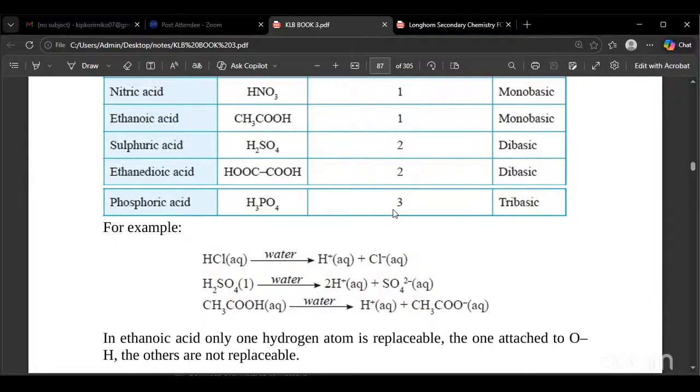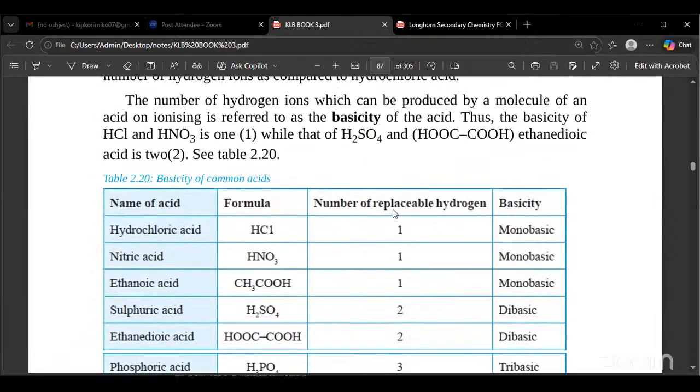A reaction between ethanol and ethanoic acid normally leads to what we call an ester, so we don't have to touch on that today. I just wanted you to know the meaning of basicity of an acid. Basicity is the number of replaceable hydrogens in an acid when it ionizes.